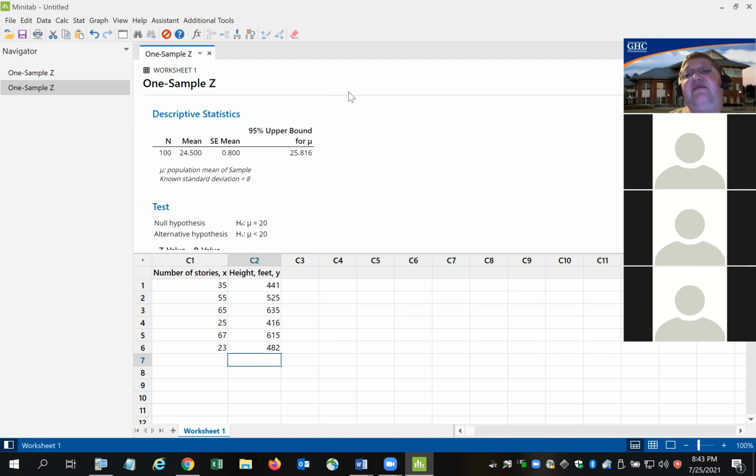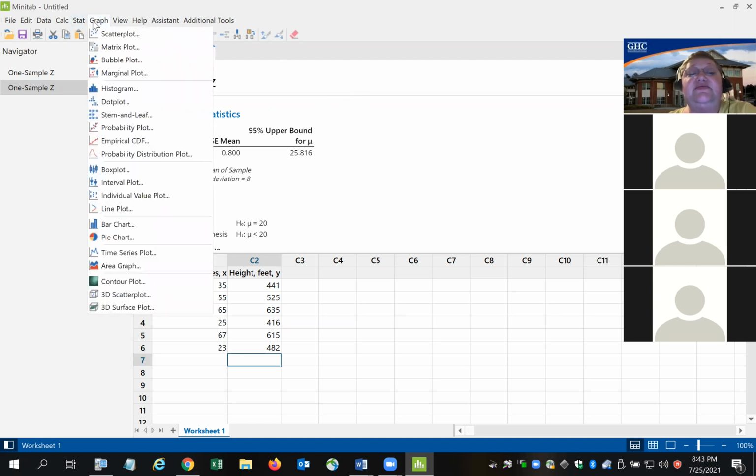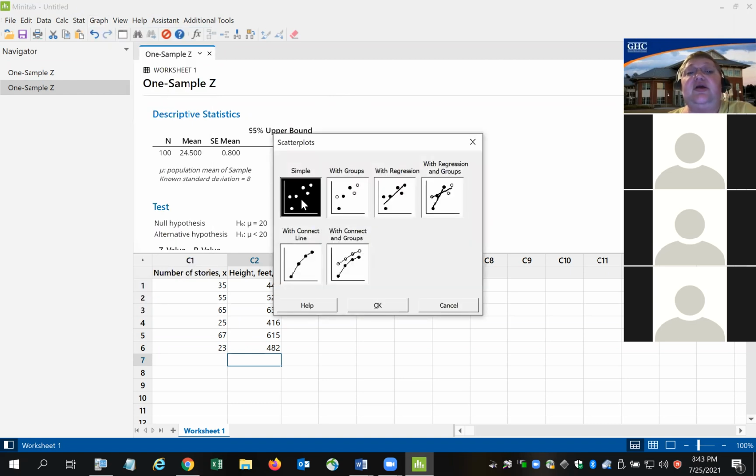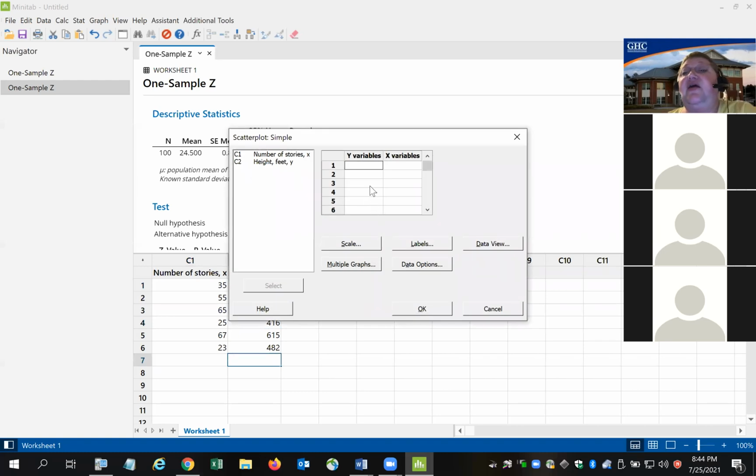I'm going to do the scatter plot first. The scatter plot is a graph. So we go to Graph, Scatter Plot. We're going to keep it simple. Now be careful, because notice Minitab is backwards for whatever reason. It asks you for the Y variable first.